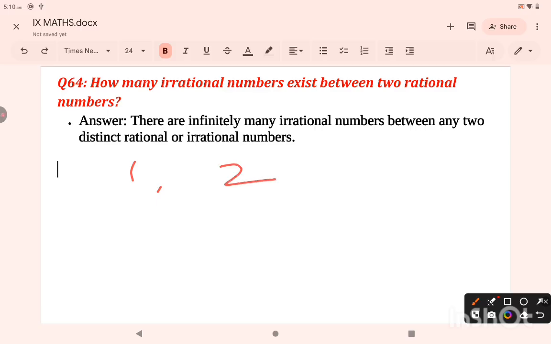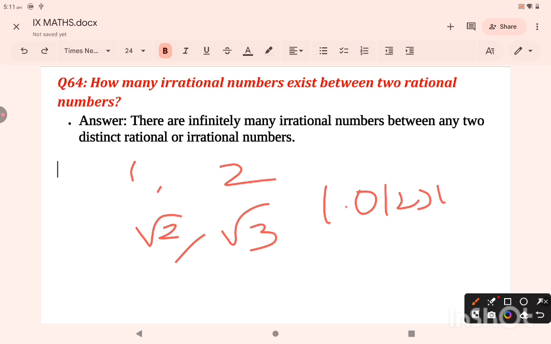In between these two, root 2, root 3, 1.0123 and so on. All these are irrationals that lie in between 1 and 2.